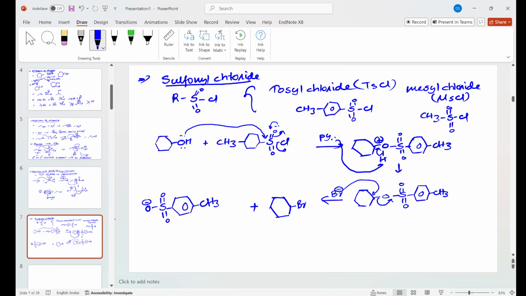In this case, this sulfonyl anion is much more stable due to many resonance structures.